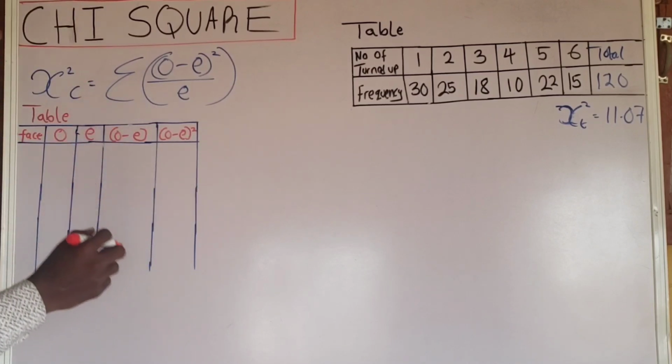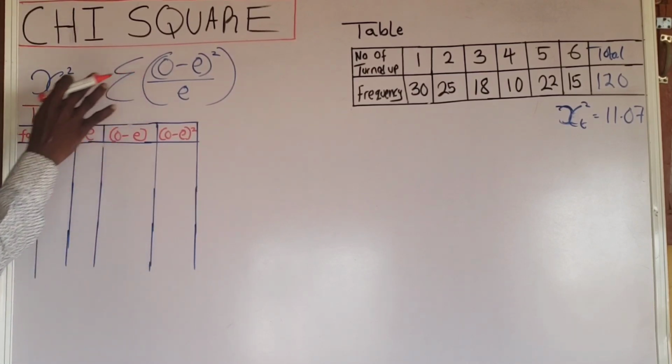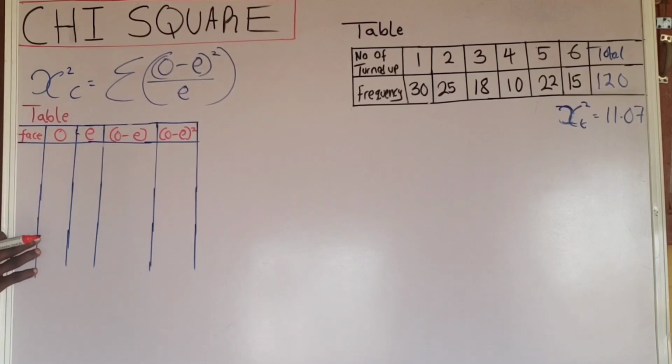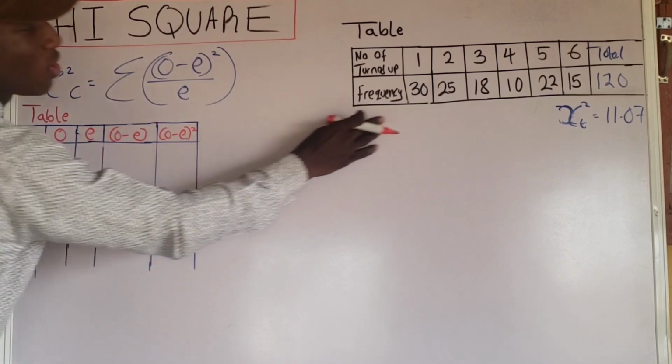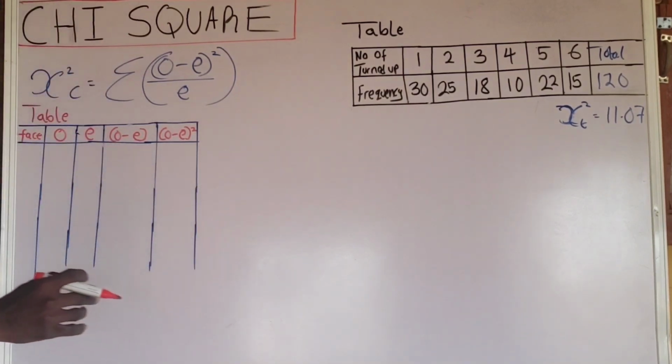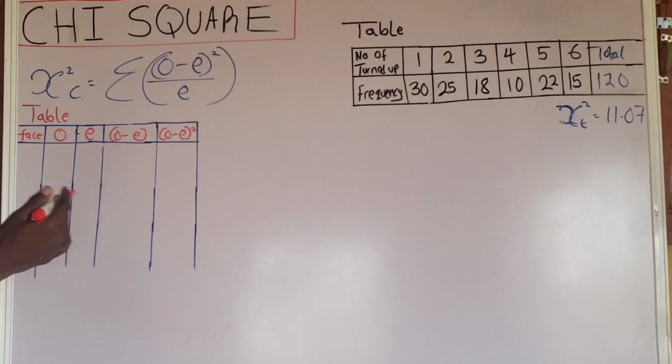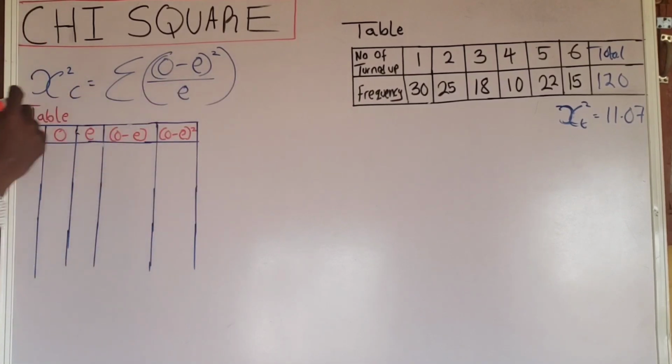Please pay attention. This formula will tell me what I'm going to have on this table. In this formula, I need the observed value. The observed values are the frequencies that were given in the question.